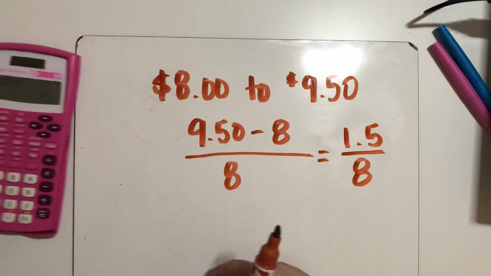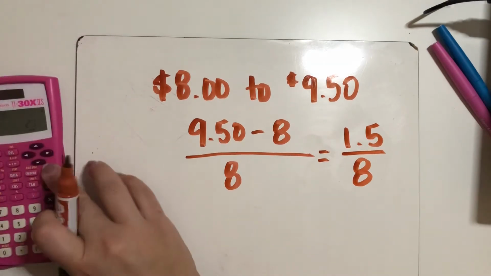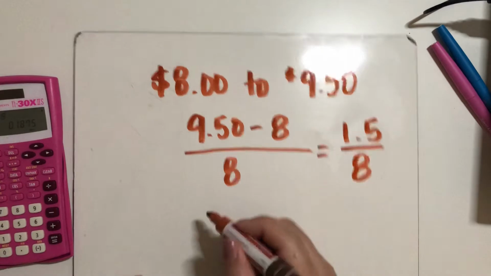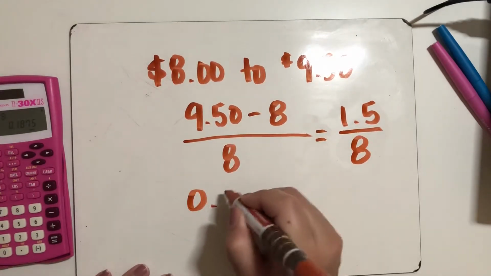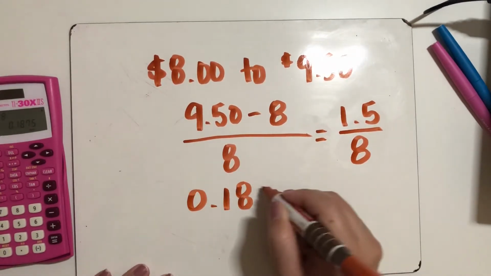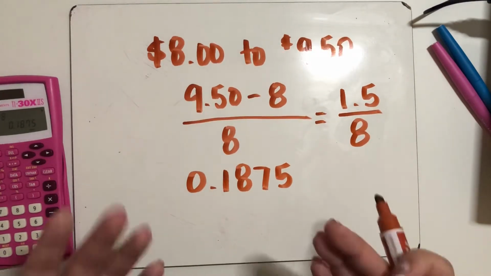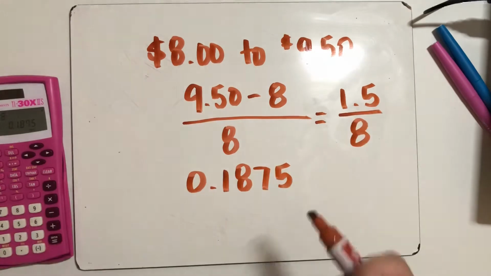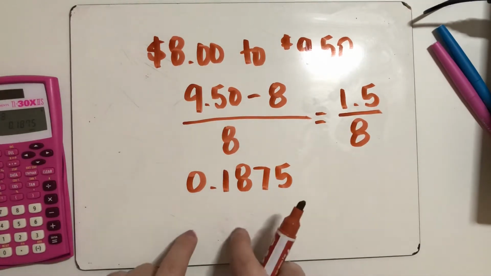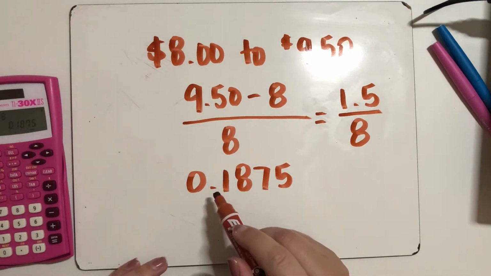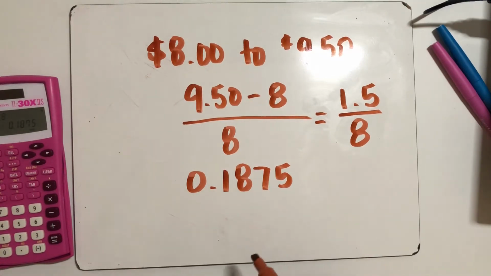So again, we're going to go back to our handy dandy calculator. We got 1.5 divided by 8, and that's going to give me a decimal of 0.1875. Now, the whole point of this is for us to find a percent increase. So how do I change a decimal to a percent? Yep, I'm going to move this decimal 2 to the right.